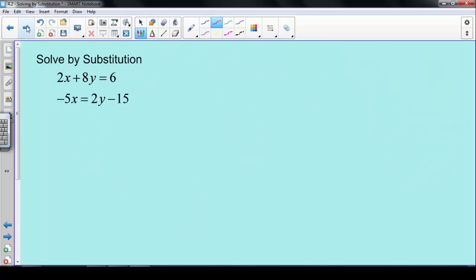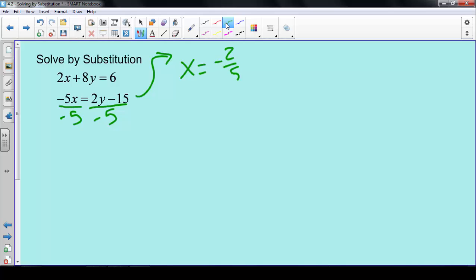Once again, doesn't matter which one we solve to get a variable by itself. I'm just going to go ahead and do this one, divide everything by 5. And then substituting that into the second one.